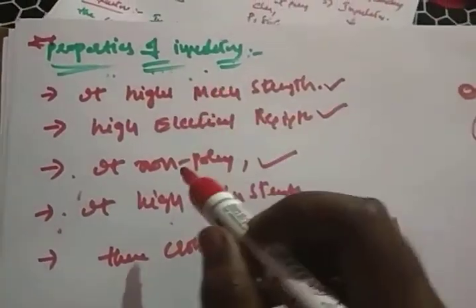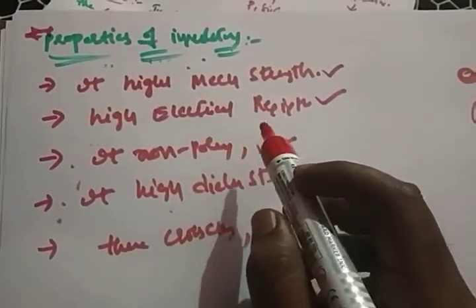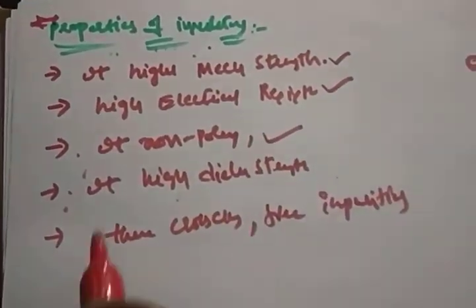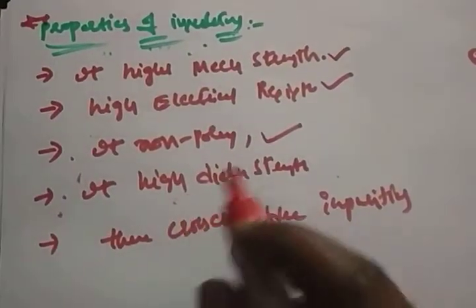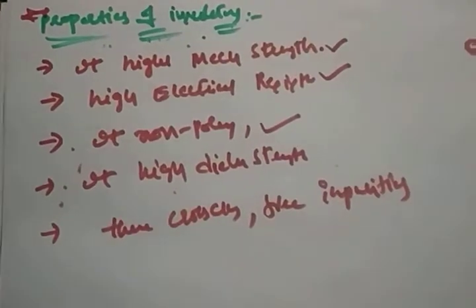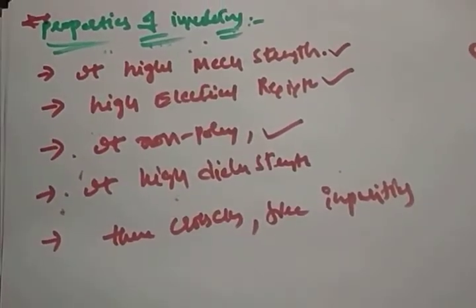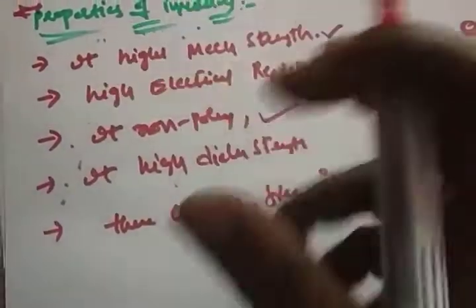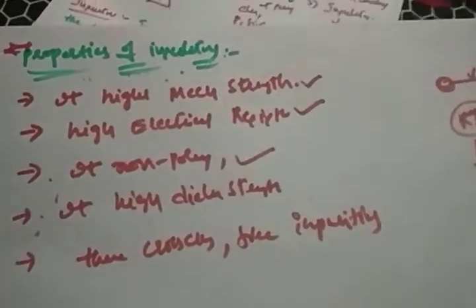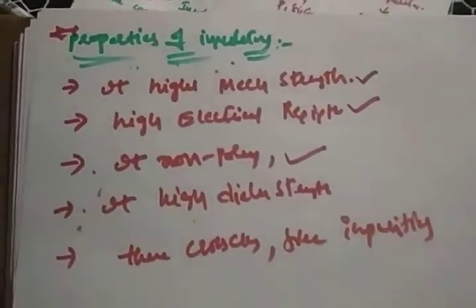It should have high mechanical strength. It should have high electrical resistance, then only it will limit the current. It is non-porous, that means non-breakable. It has high dielectric strength, it doesn't have any cracks, and it is free from impurities. These are the main important properties of an insulator while designing.